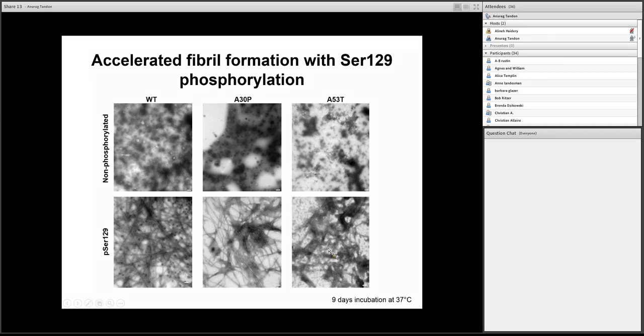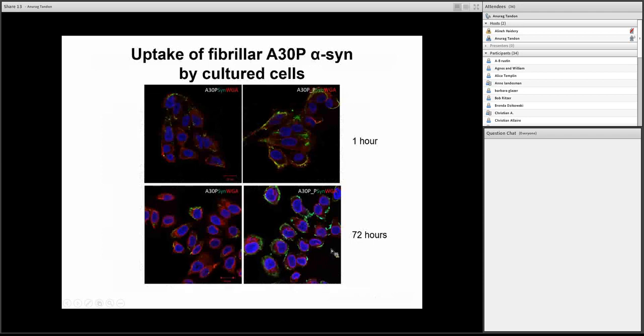We have now done a number of studies with these. If you take these fibrils and treat cells with this, and here what we're looking at is the uptake of this fibrillar alpha-synuclein, this is the A30P molecule, by cells in culture. So the green here shows alpha-synuclein in these cells.